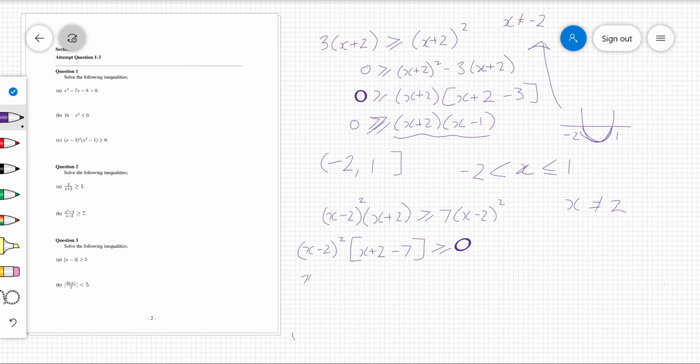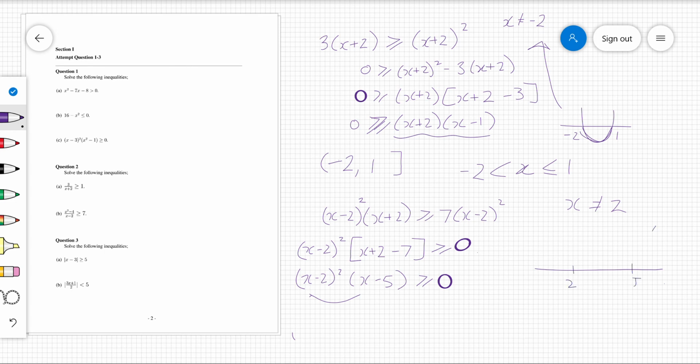Alright, so here we've got an x minus 2 squared and an x minus 5. And we're looking for where it is greater or equal to 0. You can see here we're going to get x squared times x, so it's a positive cubic. And I'll just draw it here. 5, and it bounces at 2.